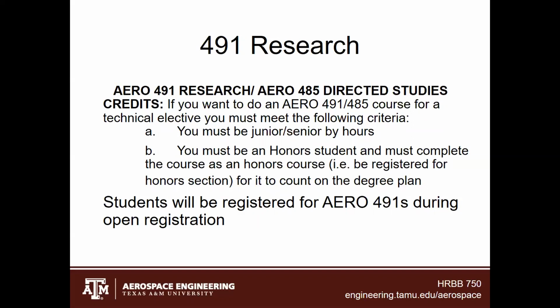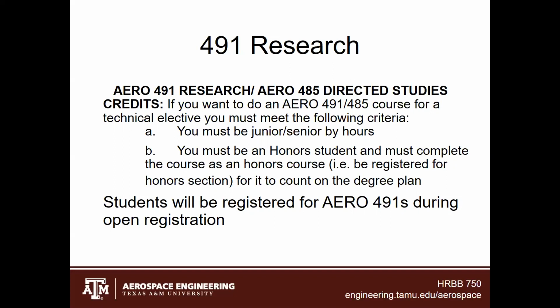Advisors cannot do anything in the registration system until November 25th. So we cannot register students for 491s until November 25th, all right? Now, there's a lot going on. We will probably register students for 491s beginning in January or December after all of the hoopla has died down and we're doing end of semester processing type stuff, okay?